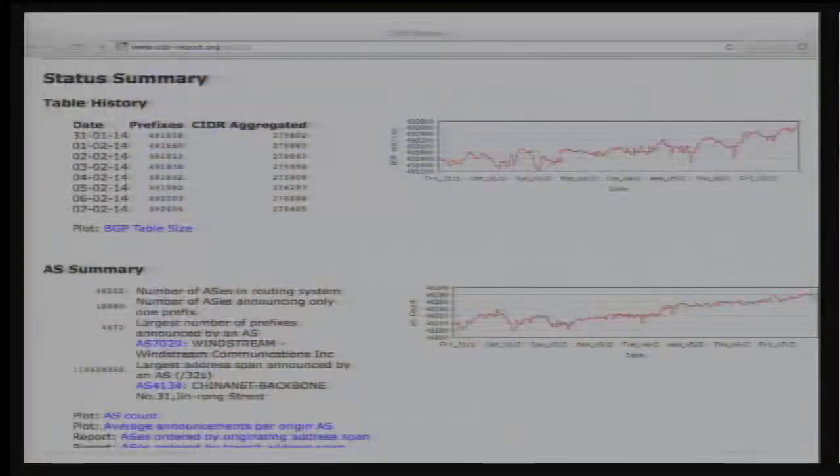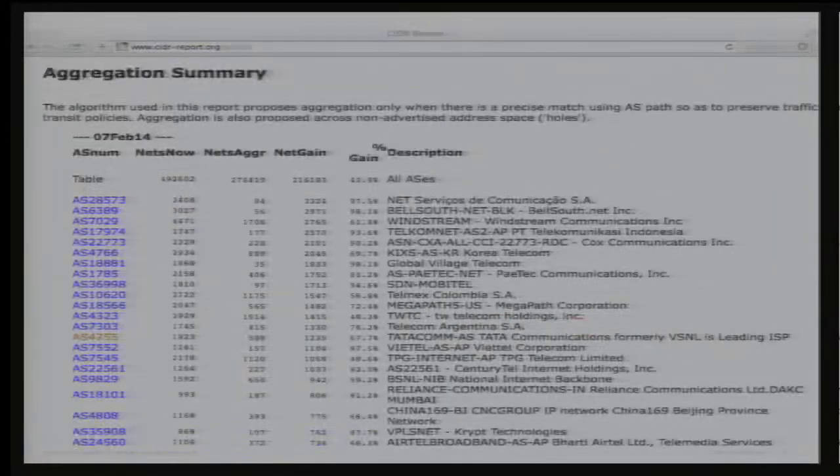And here is, from the same website, another view. This shows you the aggregation summary, and it lists those who can do better aggregation. They are ranked by what it would be from a better aggregation perspective.